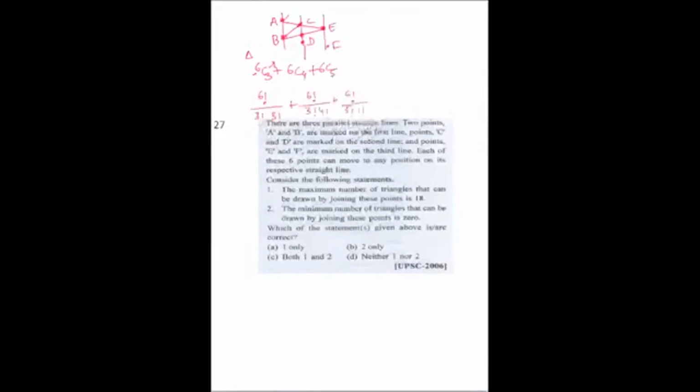So if we calculate this, this comes 6 into 5 into 4 into factorial 3 upon 3 into 2 into factorial 3, it cancels out, plus 6 into 5 into factorial 4 upon 2 into factorial 4, it cancels out, plus we take last term which is 6 factorial upon 5 factorial.